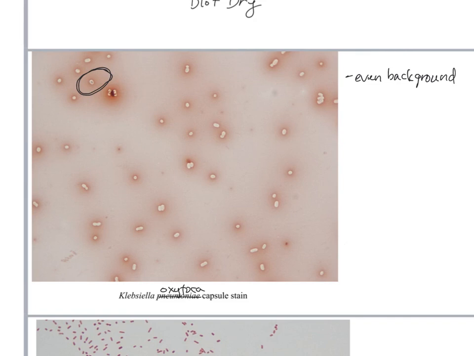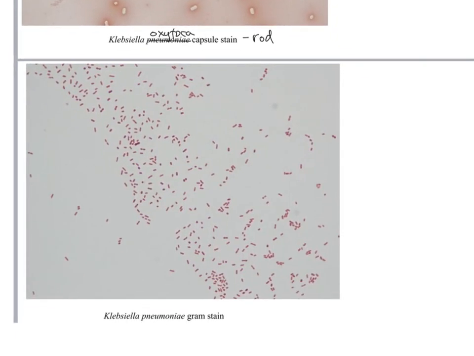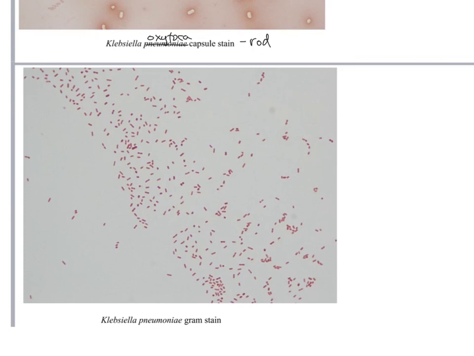Okay, notice how short and kind of chunky these cells look. These are rod-shaped, bacilli-shaped cells. This micrograph right here is at the same magnification, I know because I took this picture myself, as this picture right here. It's the same organism.